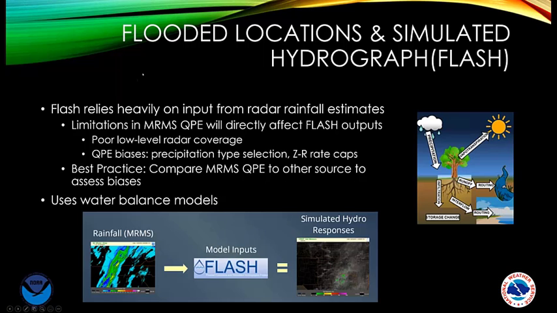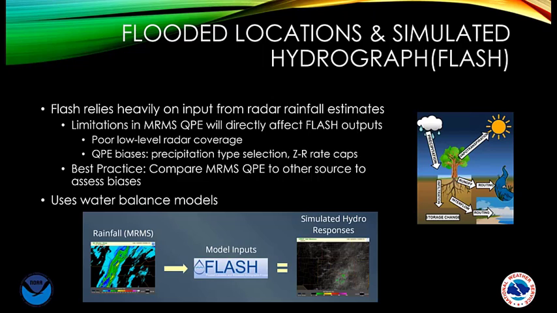So first, what I want to talk about is FLASH, the Flooded Locations and Simulated Hydrographs. It was done by NSSL, and FLASH relies heavily on input from our radar rainfall estimates. Limitations we'll see are the MRMS QPE, which will directly affect the output we get, and poor low-level radar coverage will impact this.